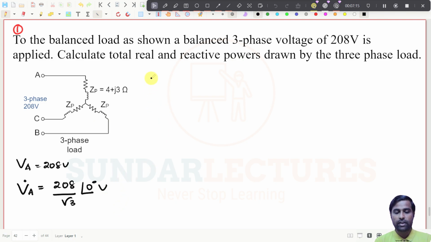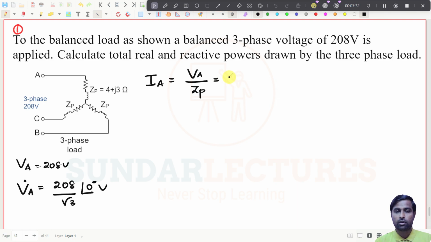So if you want to find the current IA, that is phase current, that will be equal to VA divided by ZP.